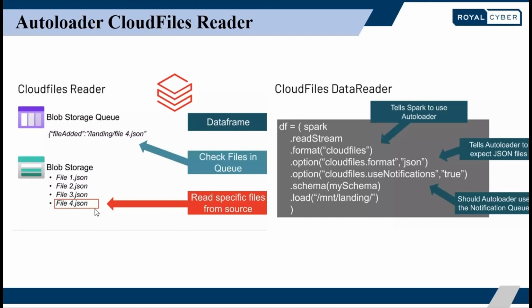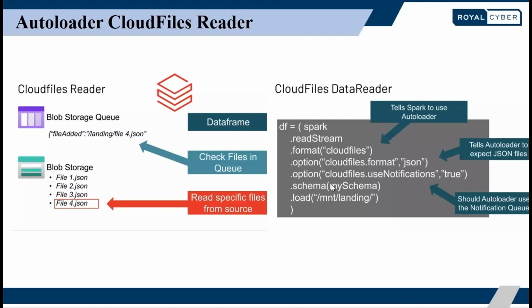To invoke Autoloader we simply use cloudFiles. Whenever we write cloudFiles in the format, we will invoke Autoloader. So this is a simple way of invoking our Autoloader service in Databricks. We simply write down this command.